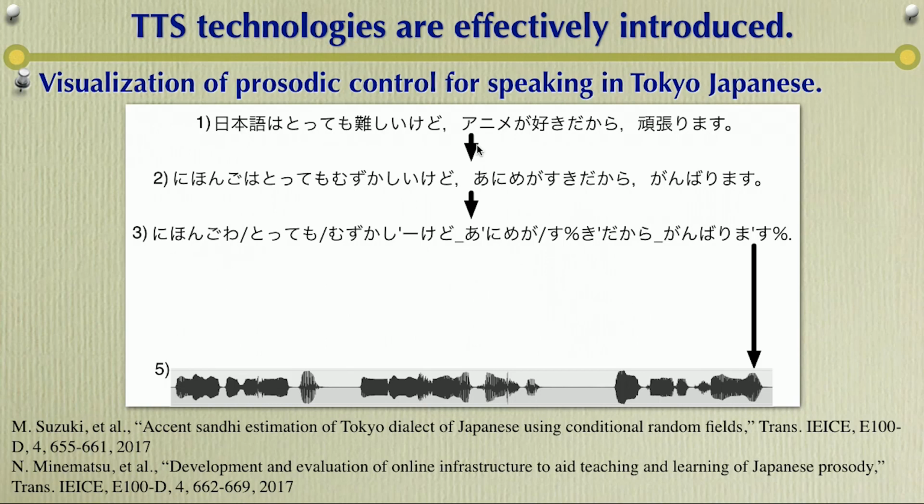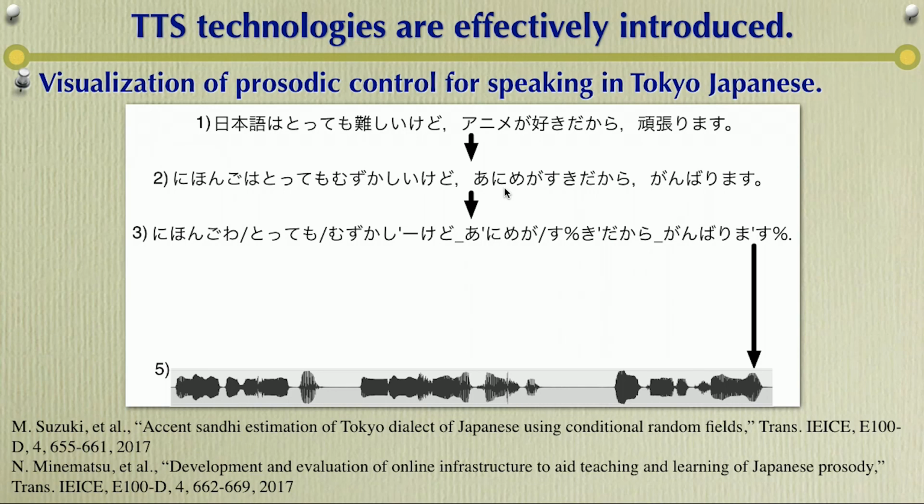This sentence is first converted into hiragana only, sound symbols only, something like a phoneme sequence. This representation can be found in a Japanese textbook for human learners, and by looking at this, the human learners try to read or imitate the audio CDs, right?